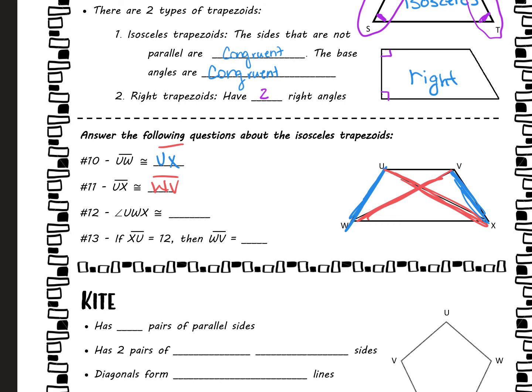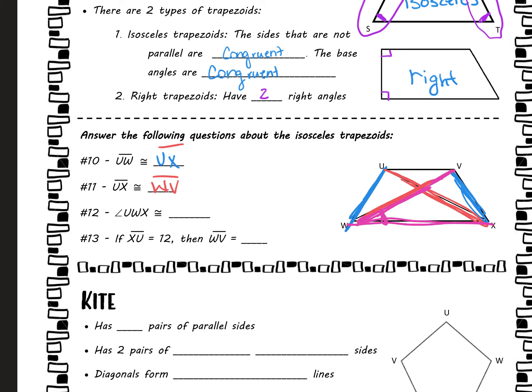Now, angle VWX, so V to W to X. So this little baby angle here is going to be congruent to which other angle? Well, it's going to be the opposite side angle.